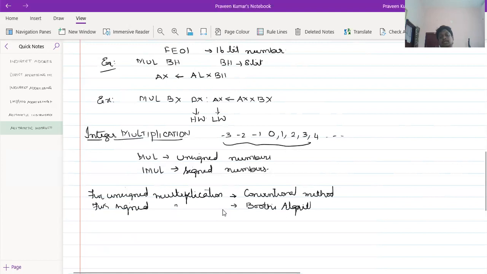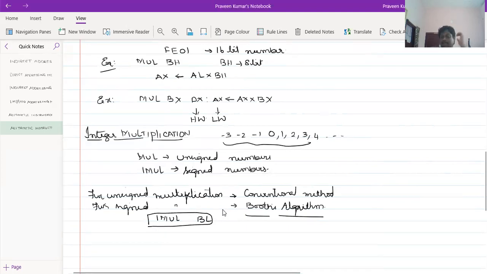If you go through computer architecture and organization, Booth's algorithm is available there. But to explain this one, this particular point is irrelevant. Just remember that if I have a signed number, we have to use imul rather than the mul operation. This is important for us.